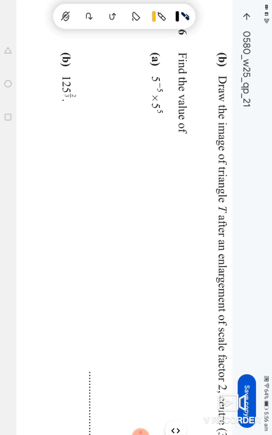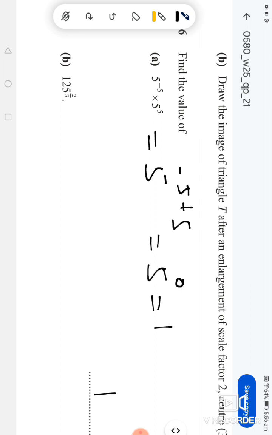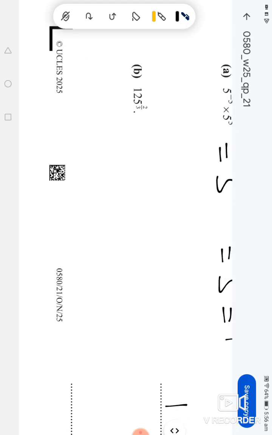Question number 6. Find the value of 5 to the power minus 5 multiplied by 5 to the power 5. As per the index rule, minus 5 plus 5 equals 5 to the power 0 equals 1. Then 125 to the power 2 by 3.